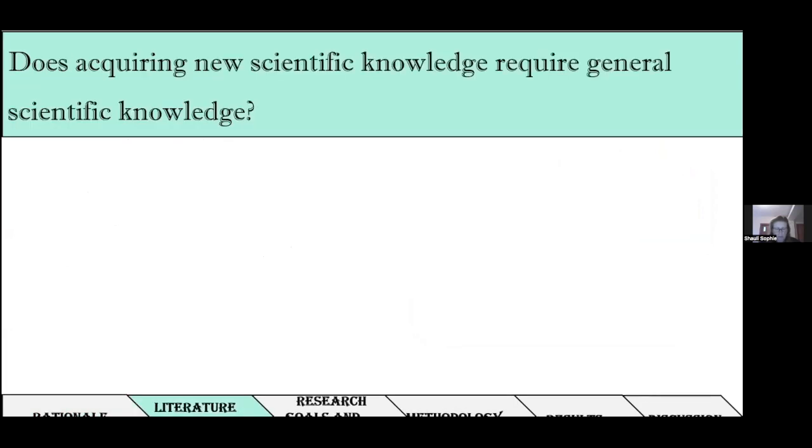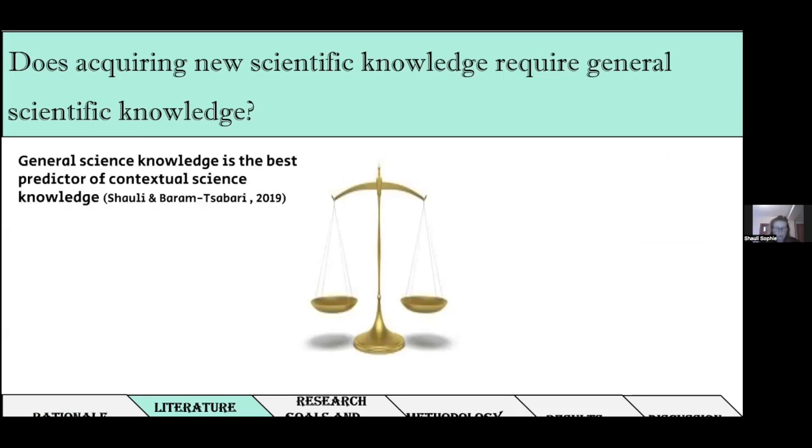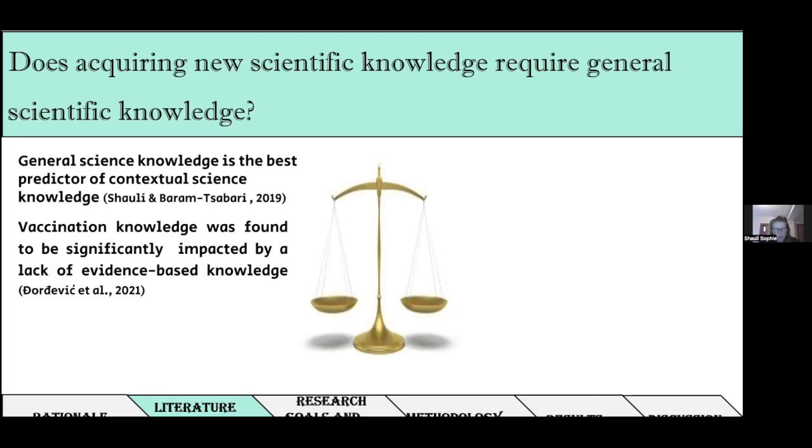It remains unclear whether possessing a general understanding of scientific principles facilitates the acquisition of specific scientific knowledge. There is considerable controversy over whether non-scientists need a general science background to use and acquire new scientific knowledge. On the one hand, one of our previous studies showed that a background in general science knowledge is the best predictor of contextual science knowledge. Another study found that knowing about vaccination was significantly impacted by not having evidence-based knowledge.